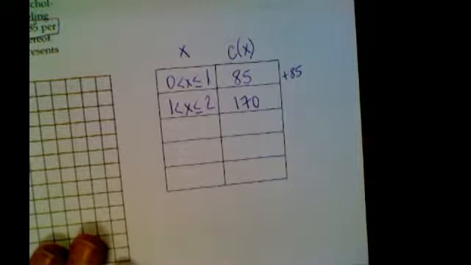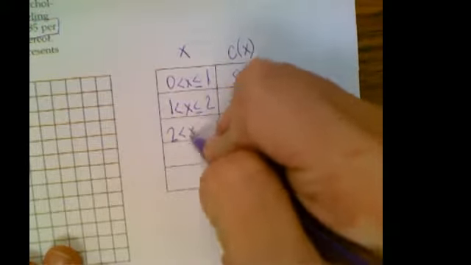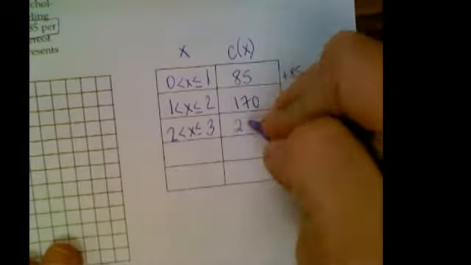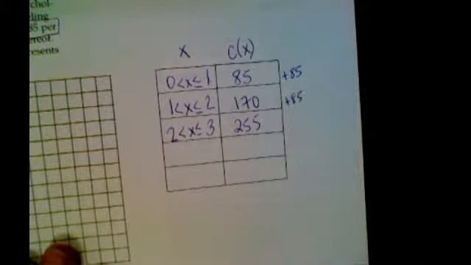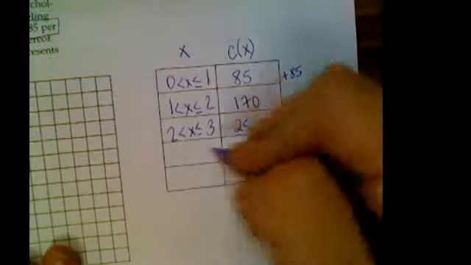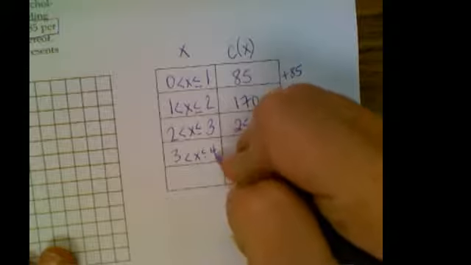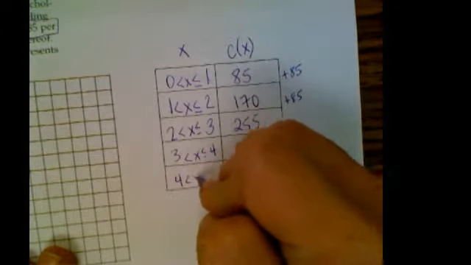Okay, so now you go over 2 hours and you're into 2 hours and 15 minutes, 2 hours and 22 minutes, all the way up to 3 hours, not including 2 but including 3. It's going to cost you $255. Again, I'm adding 85. Does everybody see what's happening here? Okay, so if I continue this pattern, I get these numbers.